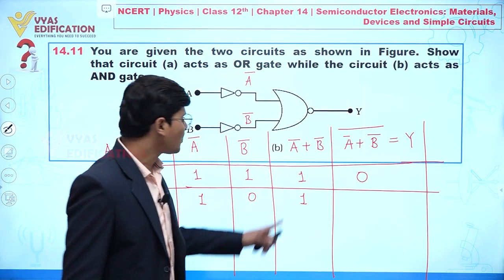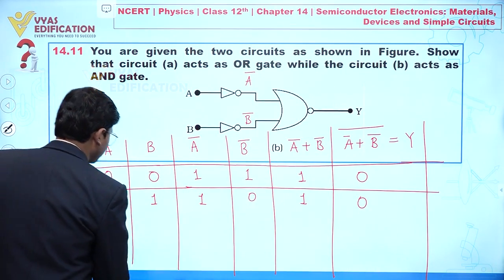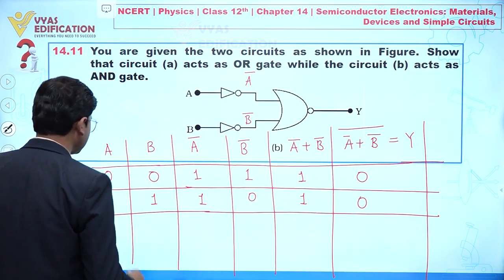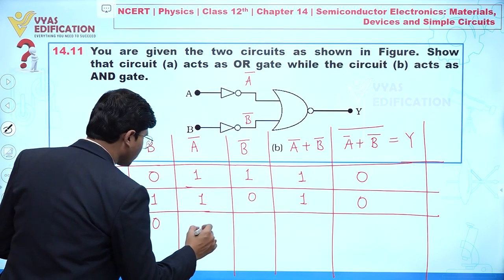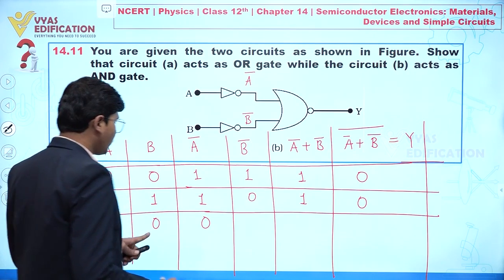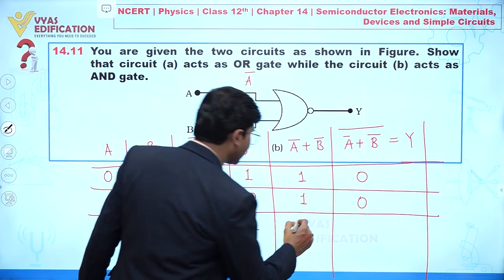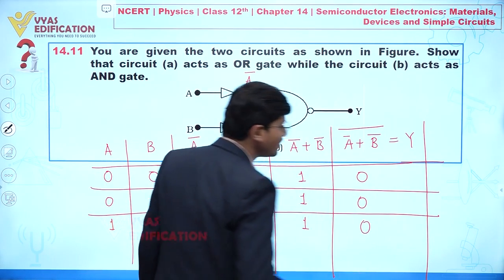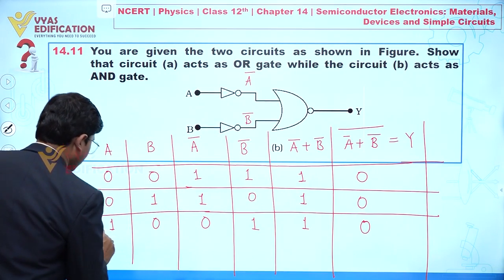Now what is not of this one, we can say this is 0, yes or no. Now from here, let's suppose I am taking this is 1 and let's suppose this is 0. Again what is not of this one, this is 0, clear, and what is not of B, this is 1. 0 plus 1 we are getting 1, clear, and what is not of this expression, this is again 0, clear.